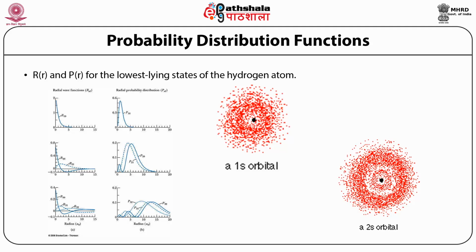So now let us discuss the radial wave functions for the principal quantum number n is equal to 1 to 3. And so these are the graphs which show the radial wave function and correspondingly the radial probability density for n is equal to 1 to 3.